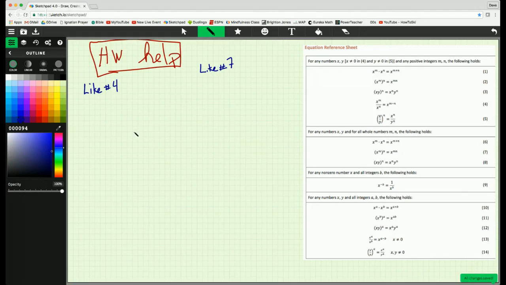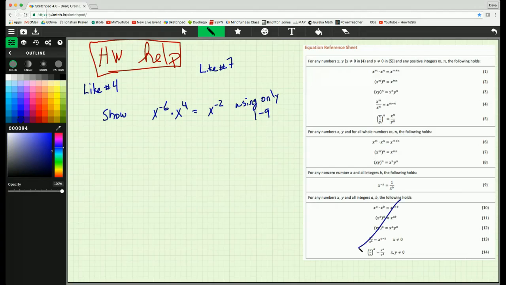So the one I want to do for you is a proof. I want to show that x to the negative 6 times x to the 4th equals x to the negative 2 using only rules 1 through 9.